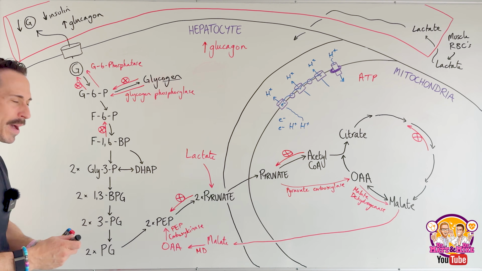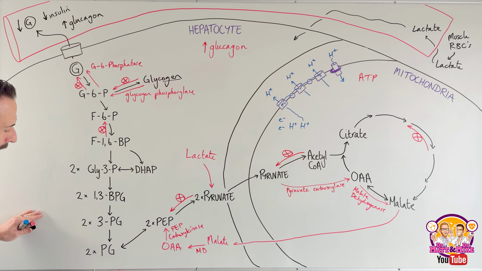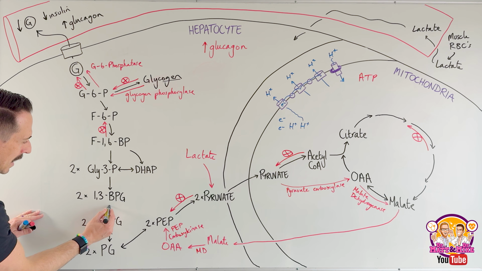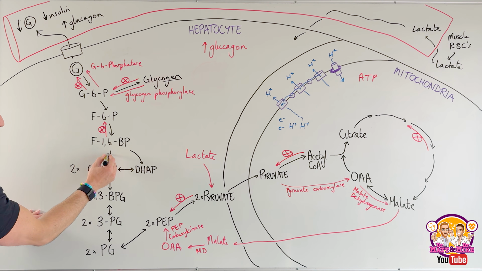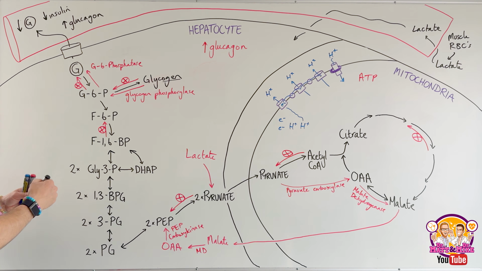Okay, so can we go backwards? Let's have a look. Well, yes, phosphoenol pyruvate can go backwards, and that can go backwards, and that can go backwards, and that can go backwards, and that can go backwards, but we're stuck here, right? So what do we do?